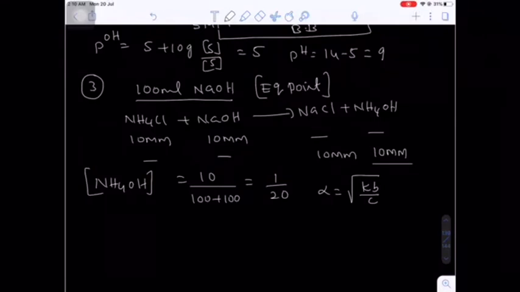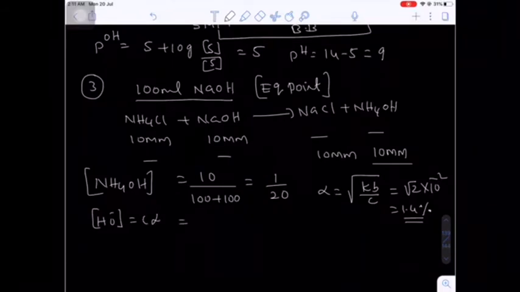Now here we have to calculate alpha. Let's suppose alpha is the square root of Kb by C, assuming the degree of ionization or dissociation is less than or equal to 5%. From here you will get root 2 into 10 raised to minus 2, that means 1.4 percent. This is less than 5%.